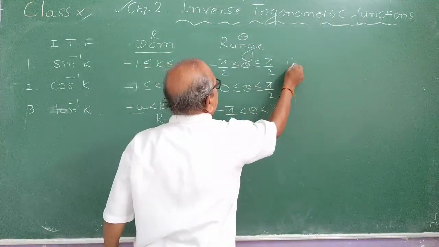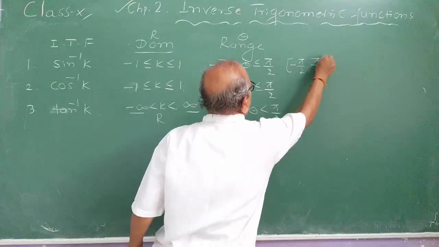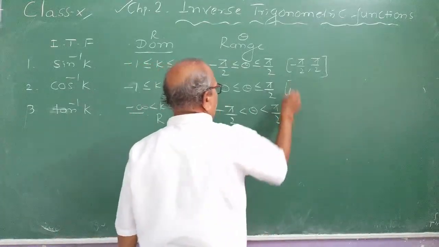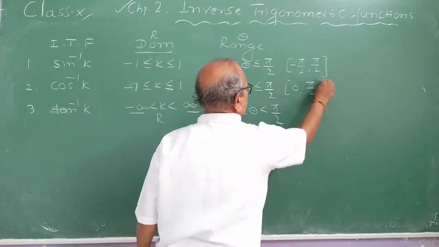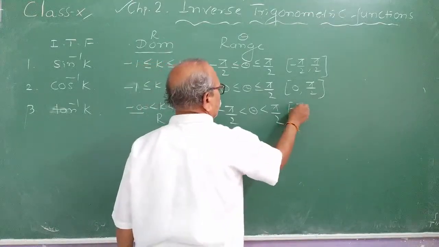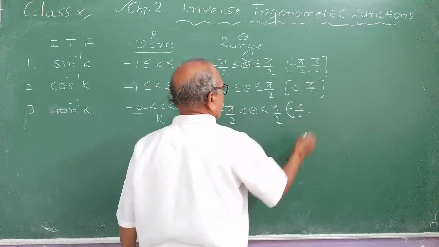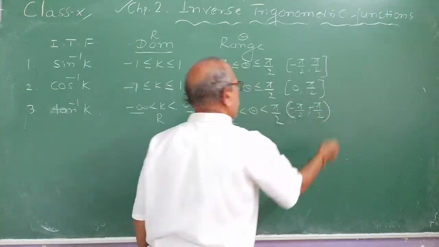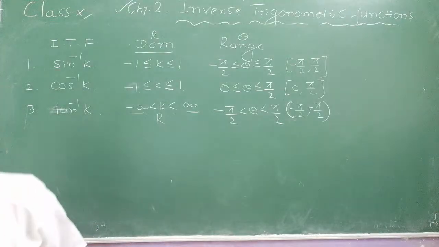Closed interval you studied in the square bracket. Minus pi by 2 to plus pi by 2 will be asked, domain and range. Okay, and 0 to pi. Then you have minus pi by 2 to plus pi by 2. These are the identities.